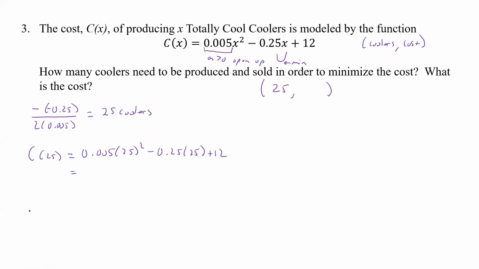So this is 8.88, and so that's what this would be. Again, coolers, cost, so $8.88 and 25 coolers. So that's going to be minimizing the cost, and minimizing that with 25 coolers.